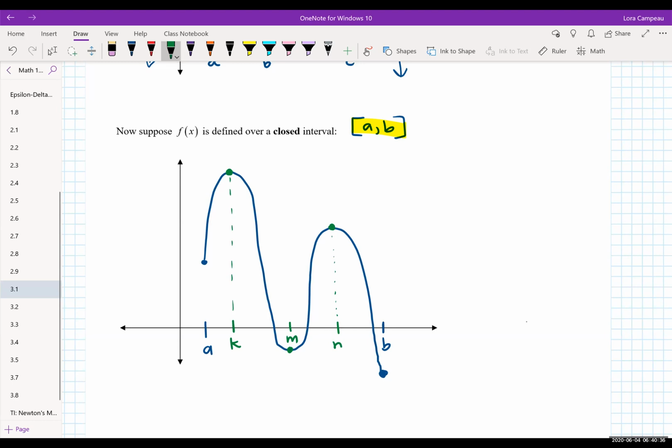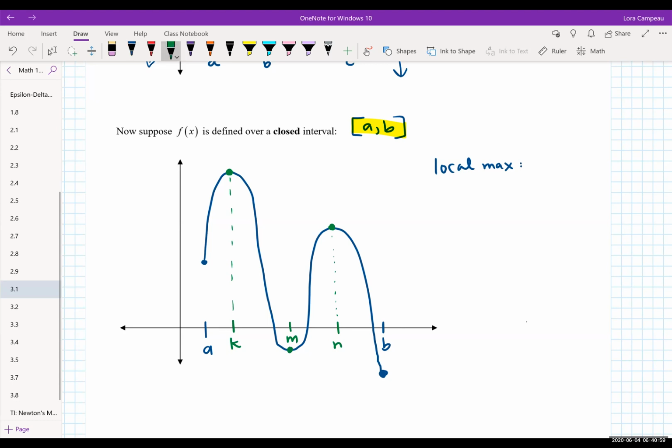So if I'm interpreting what's happening just by looking at this picture, I could definitely talk about the local min and the local max. Again, notice I abbreviated. It's convenient to do so. So I have the local max. Do I have more than one or do I have one?